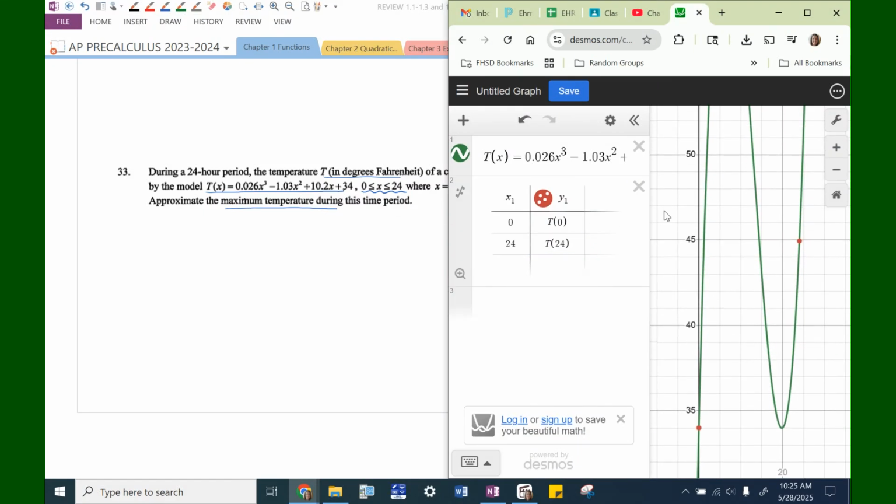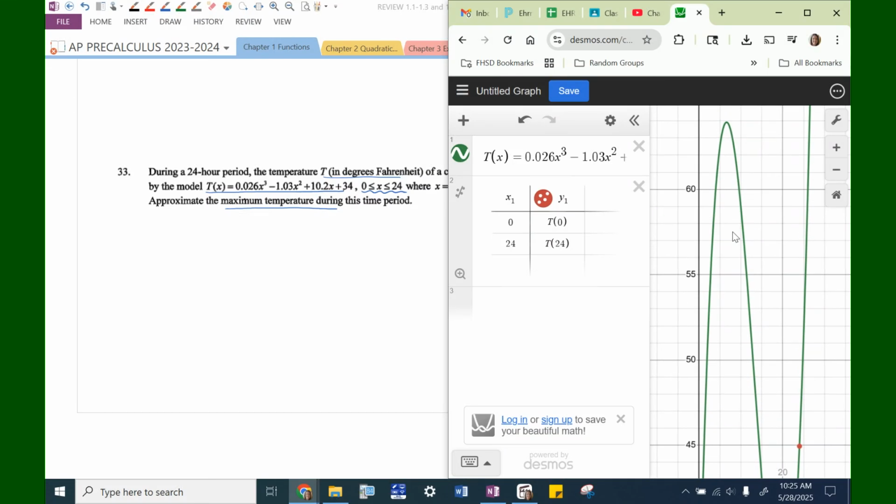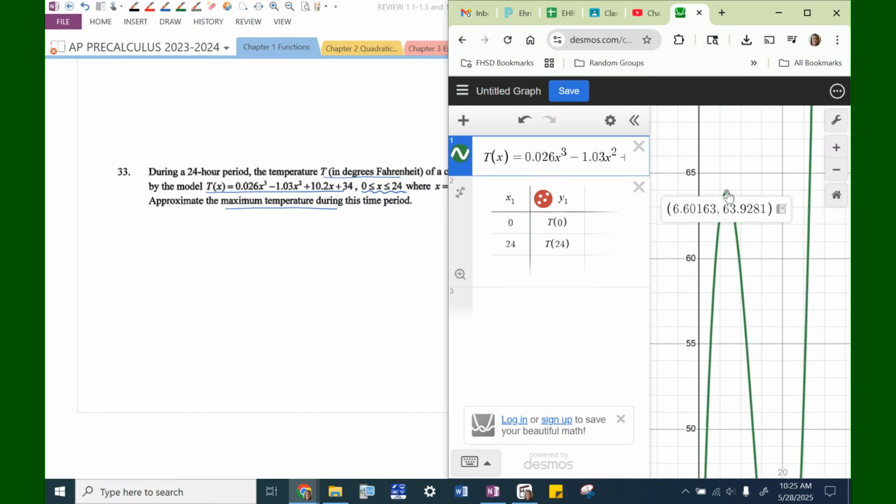We're looking for the maximum temperature. So that's not the max, that's not the max, it's somewhere up here. So I'm just going to kind of drag this up. And remember, you click somewhere near where that maximum is and it will find it for you. So the question was, what is the maximum temperature? So remember, it's the output that's the temperature.